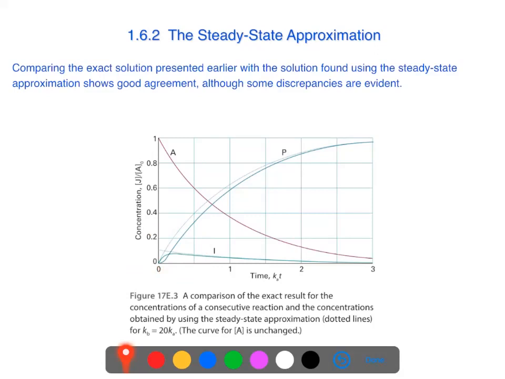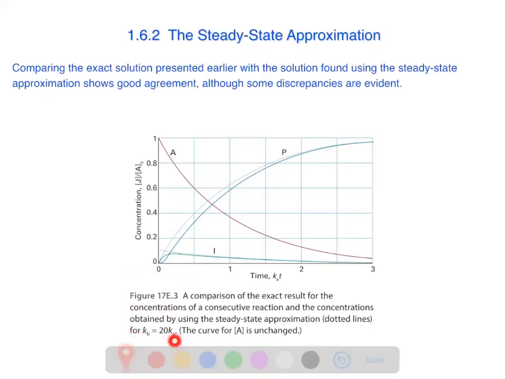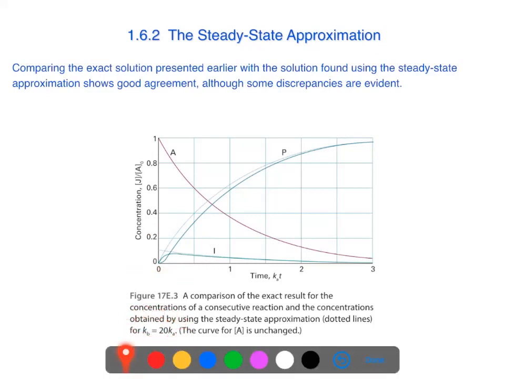And I'll note that this is for a case where k1 is 20 times lower in magnitude than k2. So k2 is larger in magnitude. That was the limit that coincides quite well with the solution that we just showed in the previous slide. And so we need to have a fairly significant difference, at least one order of magnitude, 20 times is ideal, where the steady state approximation does show good agreement with the exact solution.